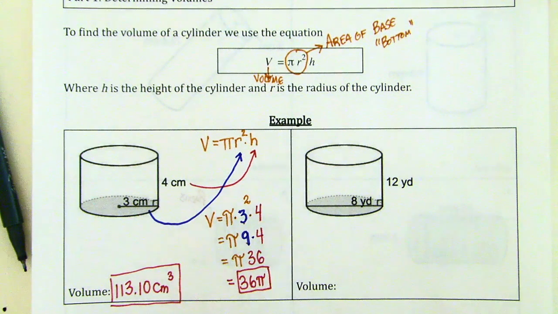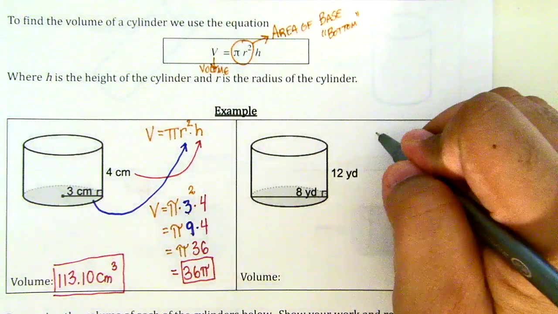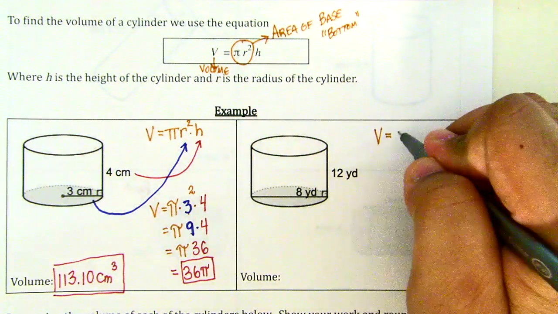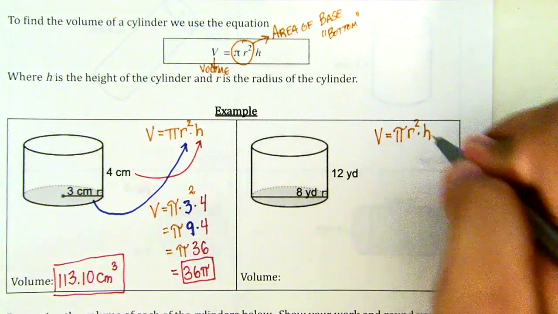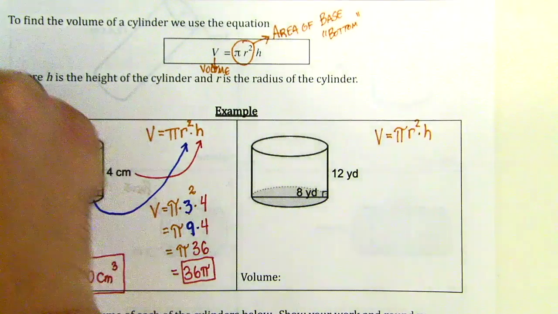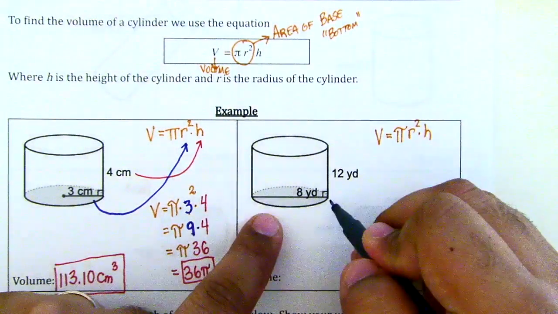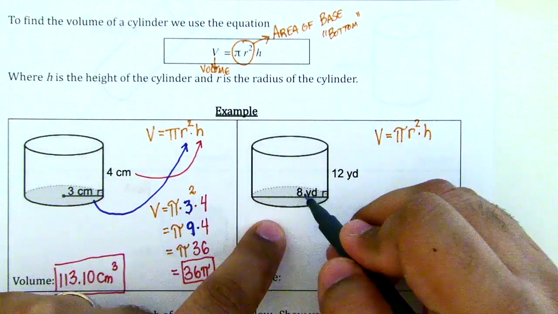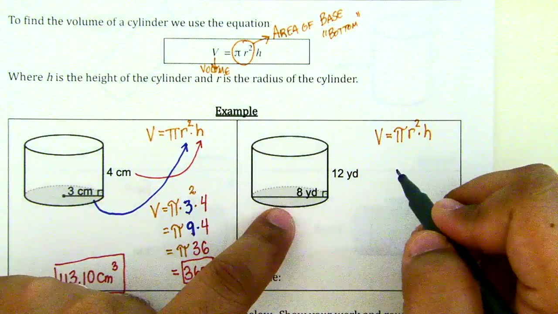Now, second question, very similar, but there's one small trick here that we need to make sure we don't miss. So we're going to start the same exact way as before. First, we're going to write down the equation. V equals pi r squared times the height. And again, we're going to look at our diagram and identify these things so we know where to put them in our equation. So looking first here, if you're not careful, you're going to say, okay, this 8 is going to go in for our radius, but this is actually a diameter.